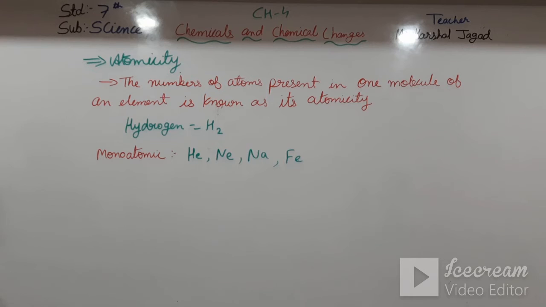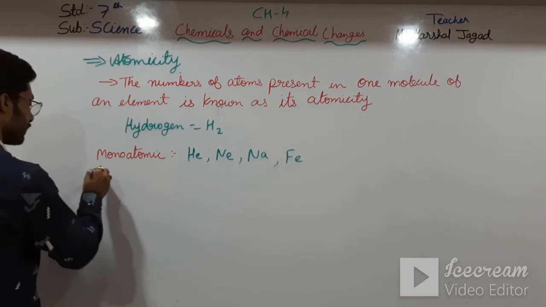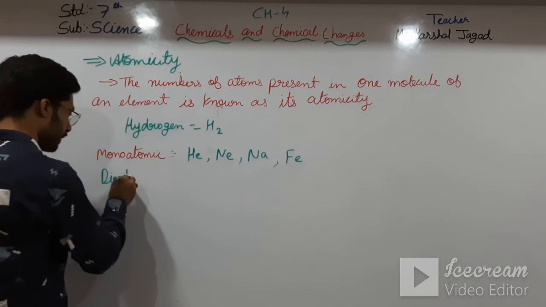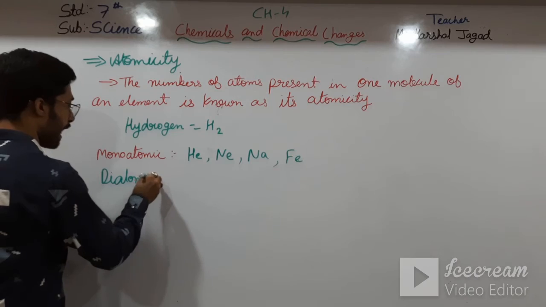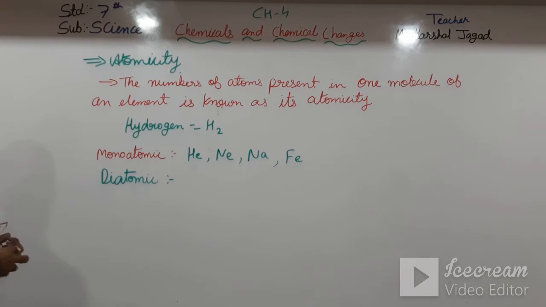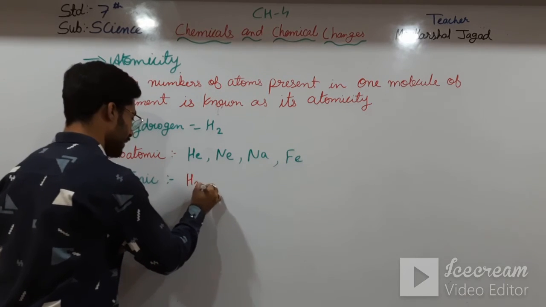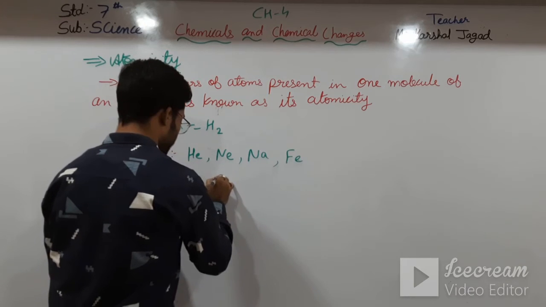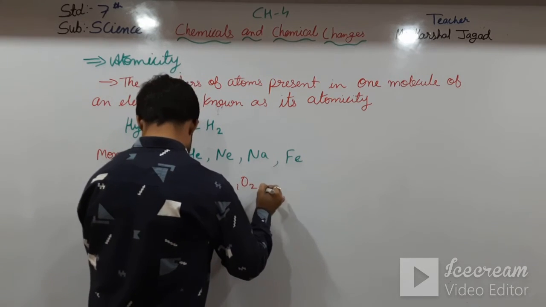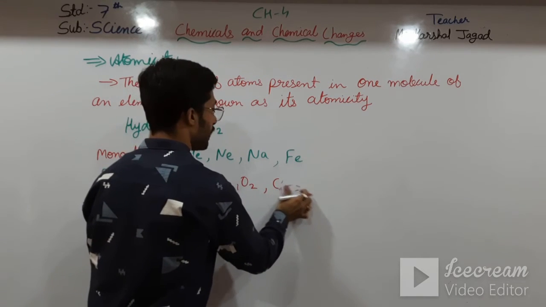Now the other type is diatomic elements. So what are diatomic elements? They are hydrogen, which is written as H2, nitrogen, that is N2, oxygen, that is O2, and chlorine, that is Cl2, small l.